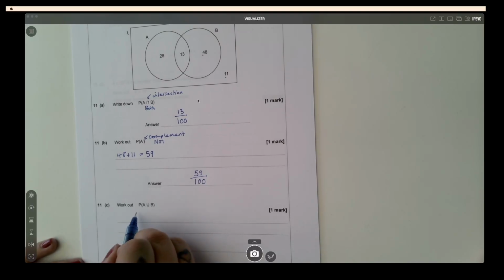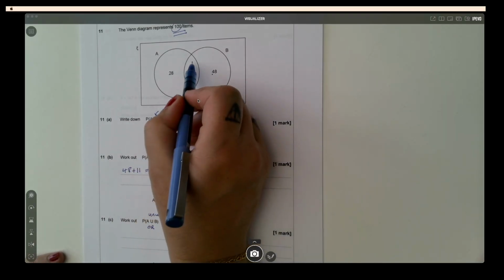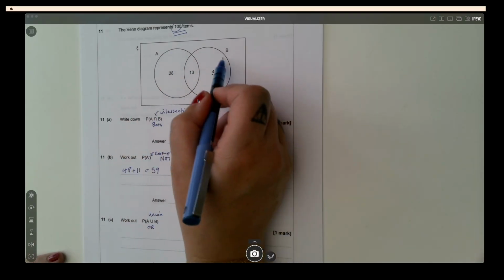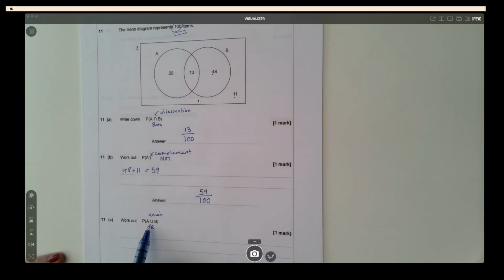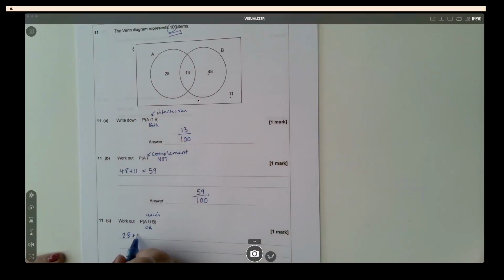11c, work out the probability that it's A union B. So that's A or B. What this means is that it's in the circle A or the circle B. So anything that's in these circles is included with that union symbol. So we have 28 plus 13 plus 48.